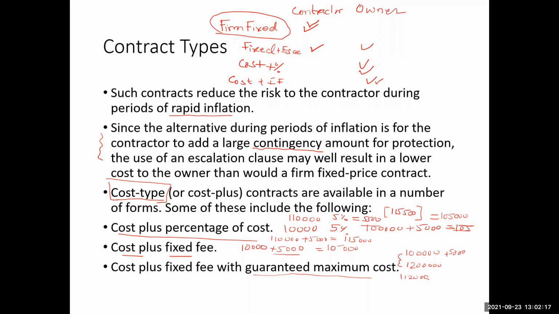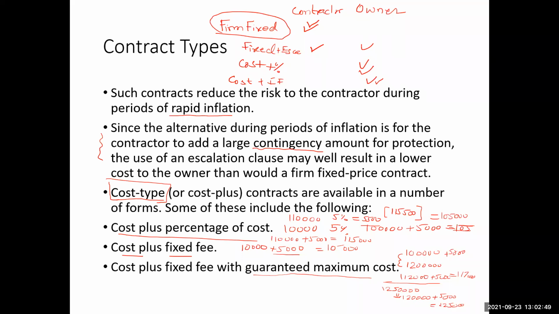The owner will pay 112 plus 5,000, that will be 117,000. But in another situation, if the cost increases to $125,000, the owner will pay only the maximum 120,000 plus the fixed fee, that is 5,000. So the owner will only pay $125,000.